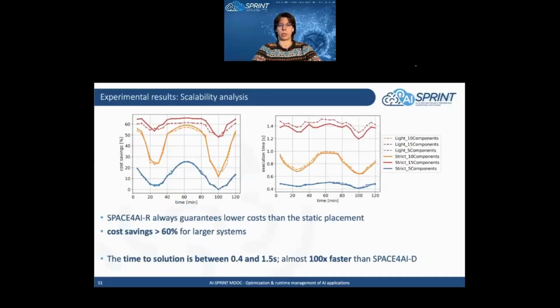These are the results we achieved. Again, we can note that the dynamic reconfiguration guarantees lower costs than the static placement, with a reduction up to 60% for larger systems. Moreover, the time to solution remains always between 0.4 and 1.5 seconds, which is almost 100 times faster than SPACE4AI-D.